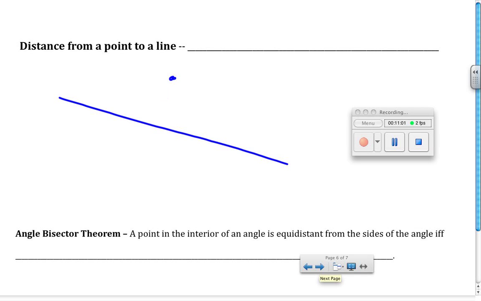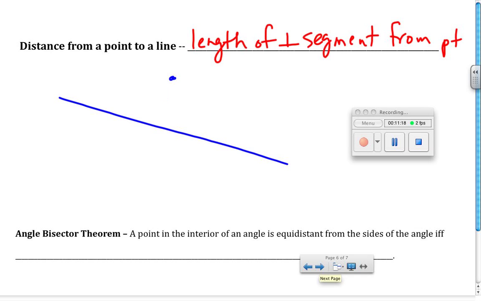So, when we're talking about the distance from a point to a line, what we are measuring is the length of the perpendicular segment from the point to the line.